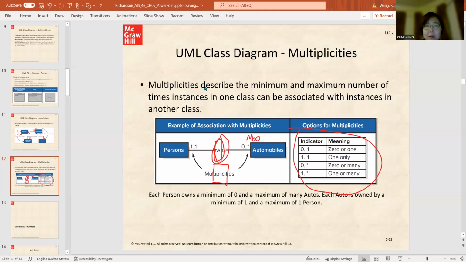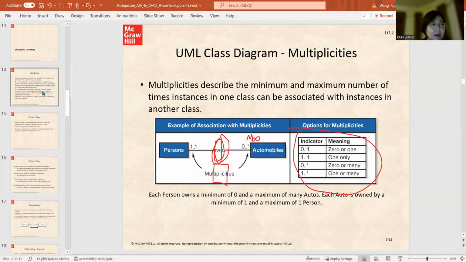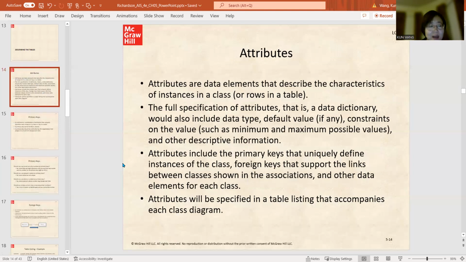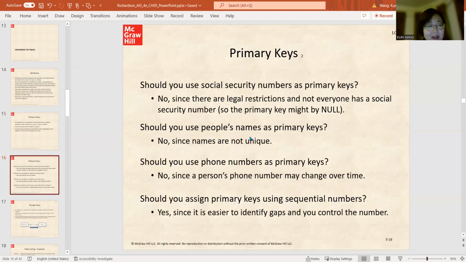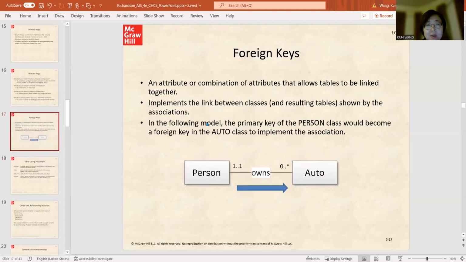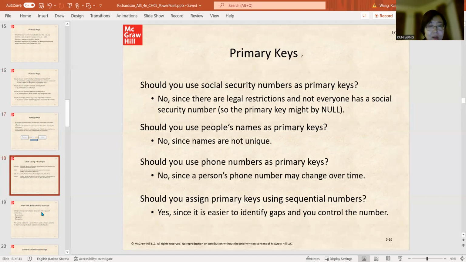I think I will stop here and you can continue to read. I believe I already assigned homework, so it will help a little. Next time, we'll focus more on attributes: the primary keys, like the IDs, and then the foreign keys and table listings.